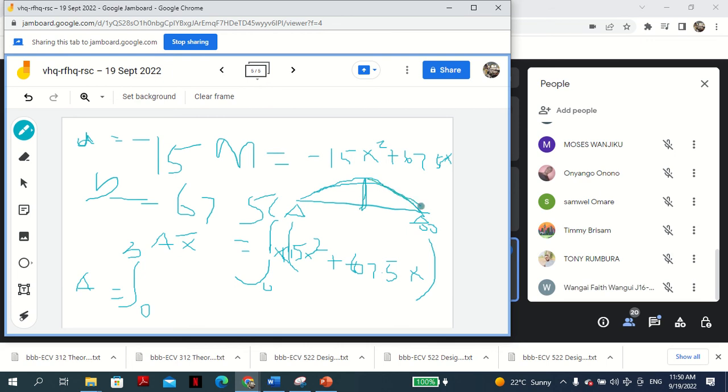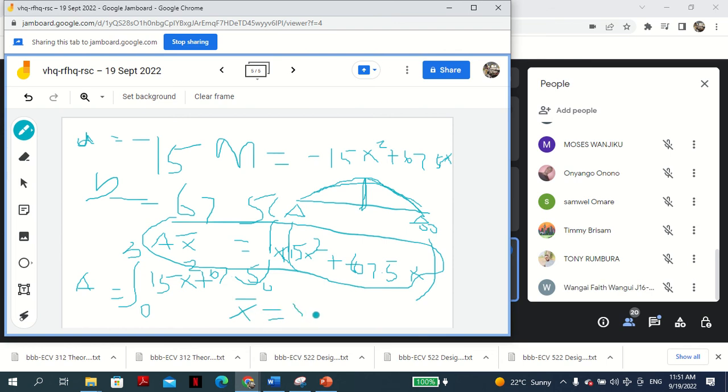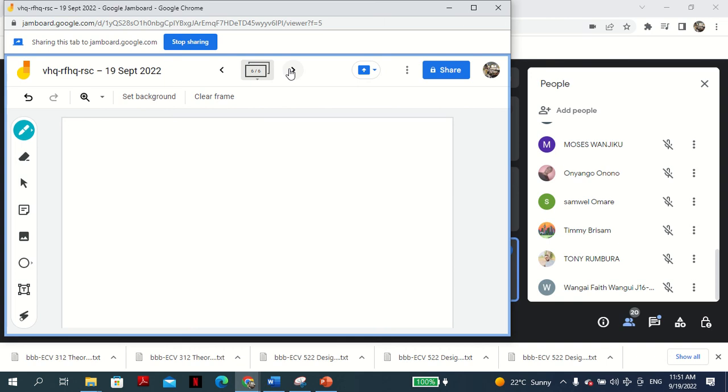The other one is just linear, very easy to deal with. So you integrate 15x squared plus 67.5 and you get the area. So from here, I'm just trying to show you the x bar. The centroid is about 1.8 meters. I don't know if that is important, but I think maybe it's going to be useful. So that is the only difficult thing in that part.